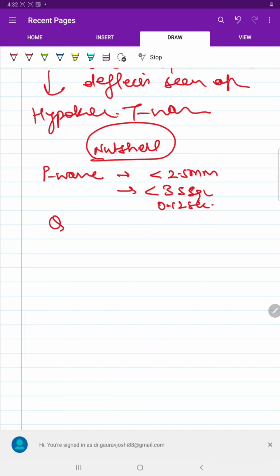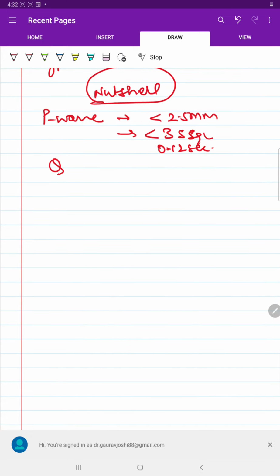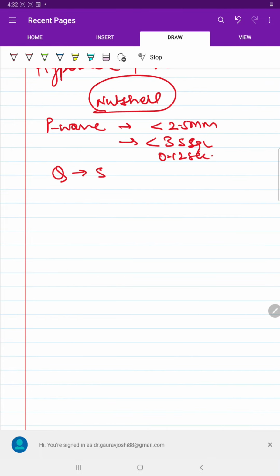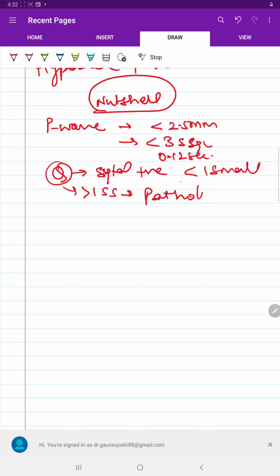Then the Q wave, which I have not discussed yet. It is septal, a deviation of less than 1 small square. If it's more than 1 small square, it's a pathological Q wave.